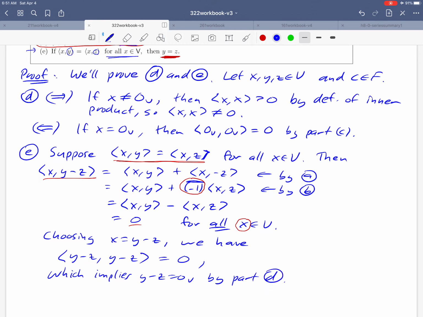Okay, and if y minus z is the 0 vector, then that means that y is equal to z, and that's what we wanted to prove. Excuse me, y equals z.